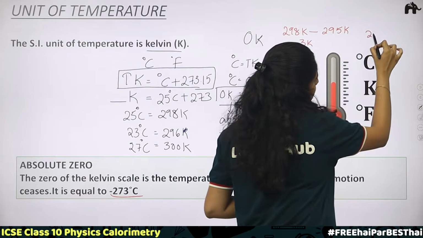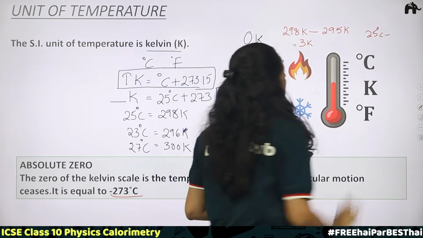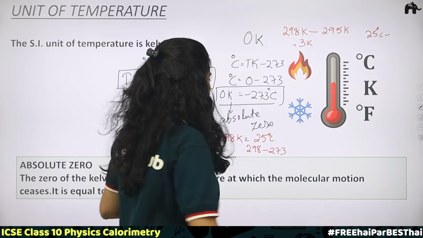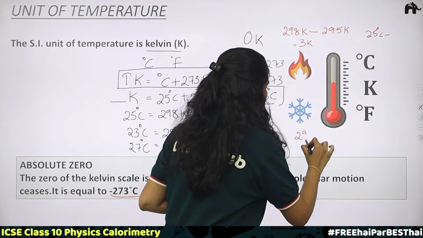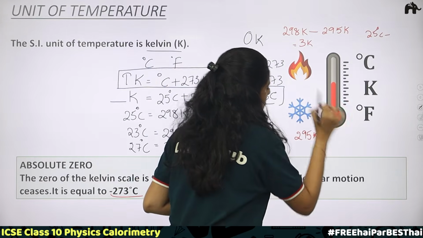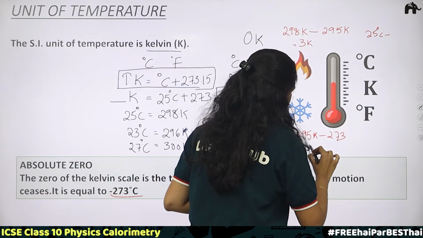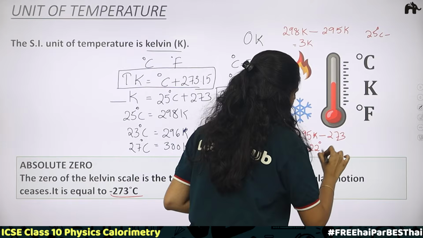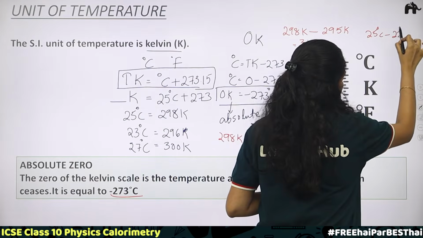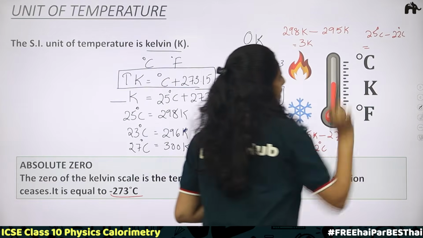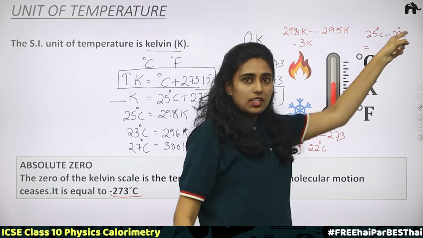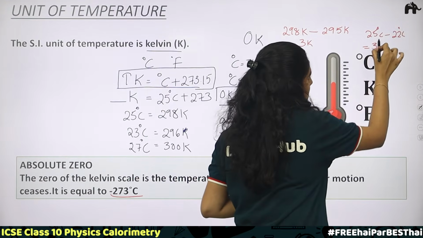And 295 Kelvin in degrees Celsius: 295 minus 273, which is equal to 22 degrees Celsius. What are you getting? 25 degrees Celsius minus 22 degrees Celsius will be 3 degrees Celsius.